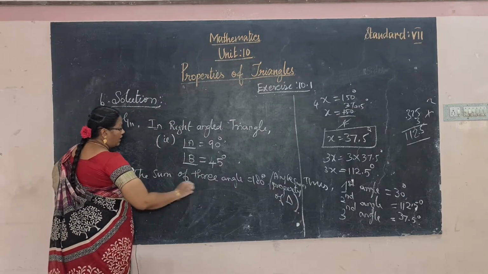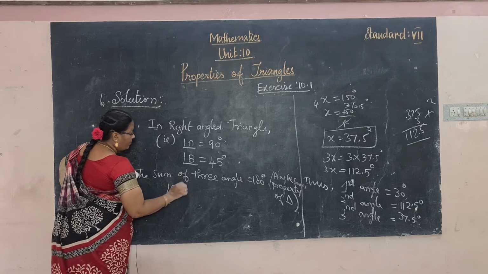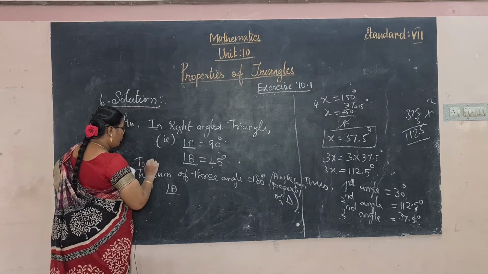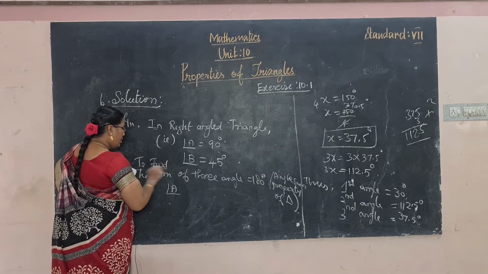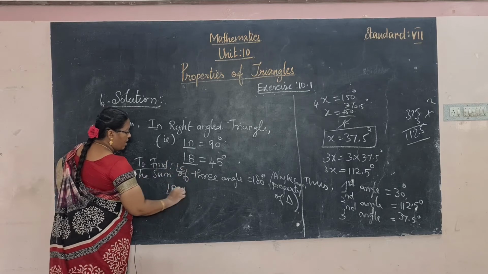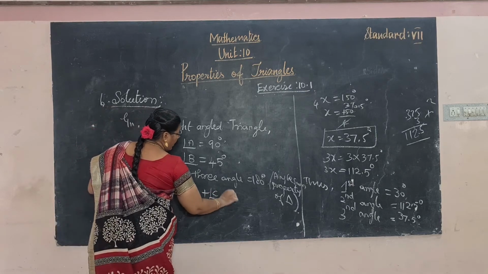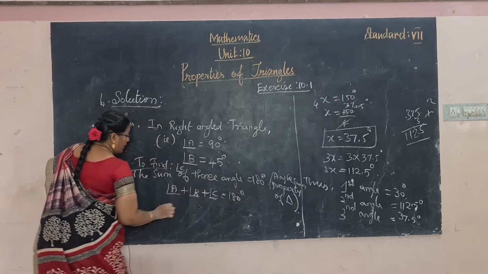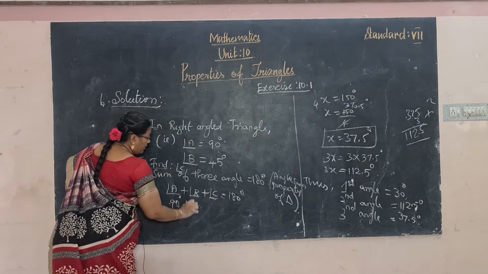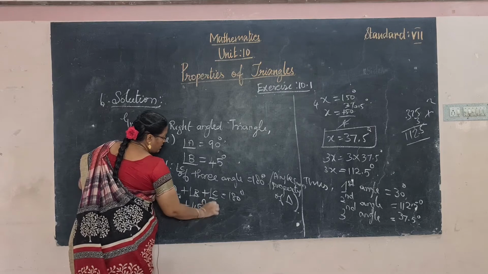The sum of three angles is equal to 180 degrees using the angle sum property of a triangle. So angle A plus angle B plus angle C is equal to 180 degrees. Angle A is 90 degrees, angle B is 45 degrees, angle C we don't know.